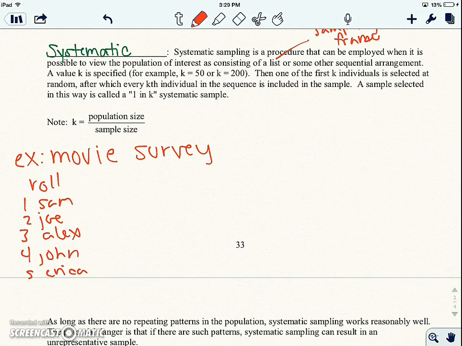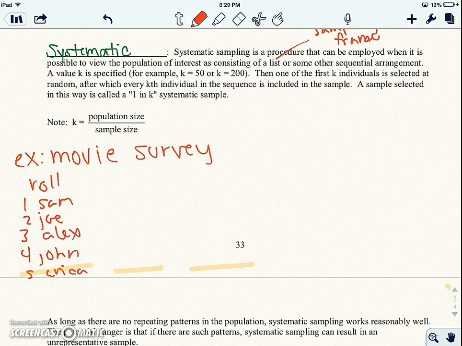And I want to survey every 5th person. So I would survey Erica, and then I would survey the 10th person, and then I would survey the 15th person. That is a systematic survey.